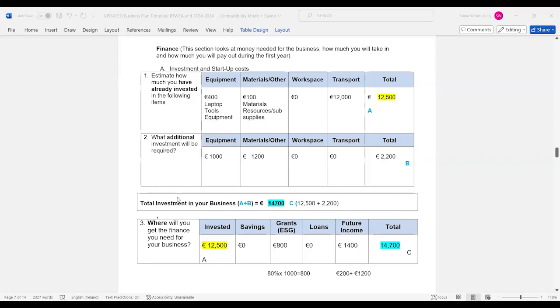So the total investment in your business is going to be whatever you have here in section A and whatever you have here in box B. So the total amount here is 14,700. That's 12,500 that I've already invested and I'm bringing into the business with me, and 2,200 that I plan to invest in order to get the business up and running. And the two amounts together come to 14,700.